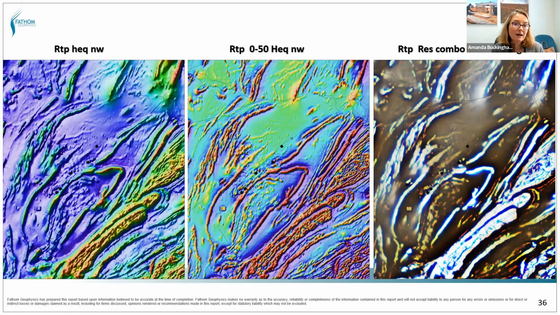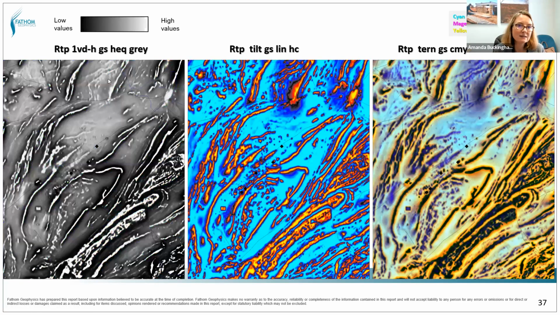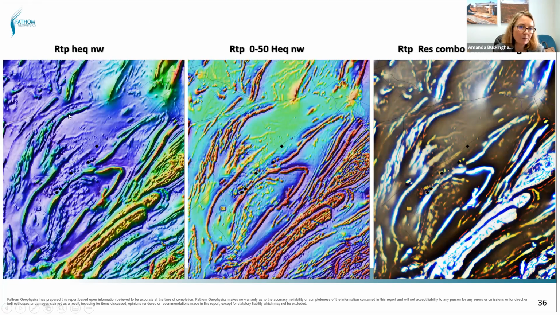My point being, choose several products, look at them together, click them on and off using whatever GIS package you're using, and start to recognize patterns and the character of units. You can see this particular unit up here as it goes undercover. I think the frequency is similar, but it loses its amplitude.